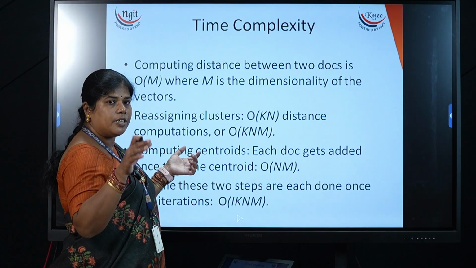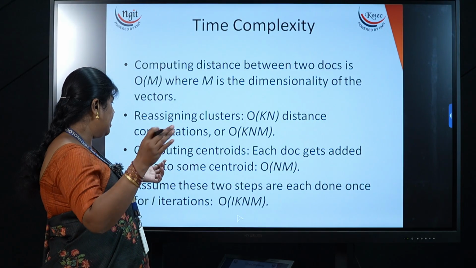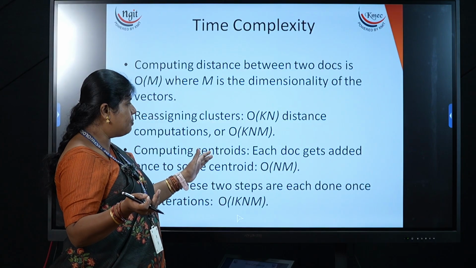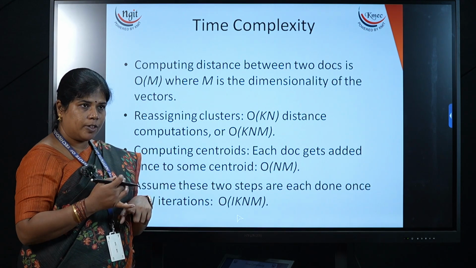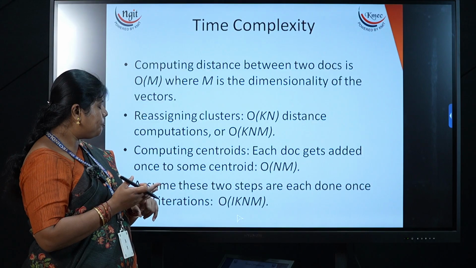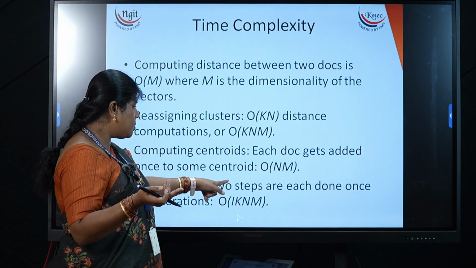First of all, you are computing the distance to the document, then you are reassigning it to the cluster, and you are computing the centroid. All these steps will have a specific time complexity which depends on your number of clusters, the dimensionality of your vector, and the number of documents, etc.